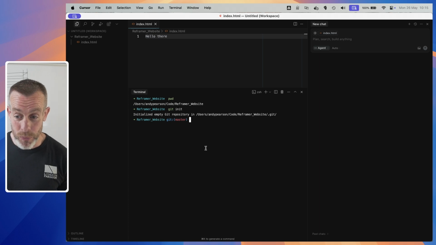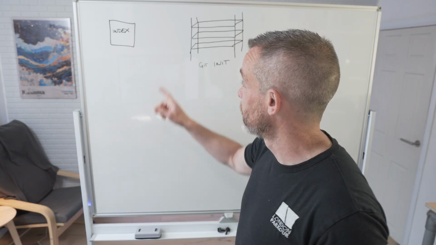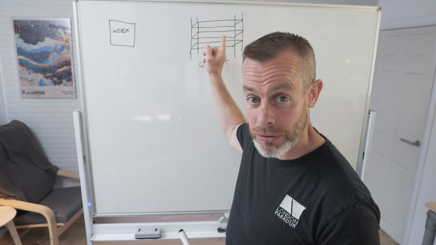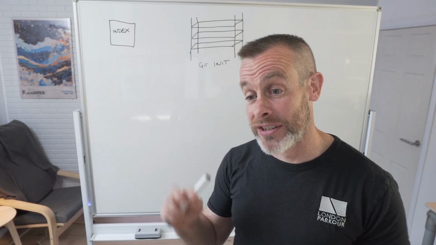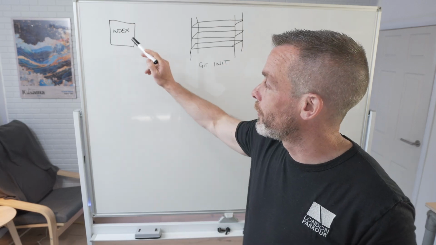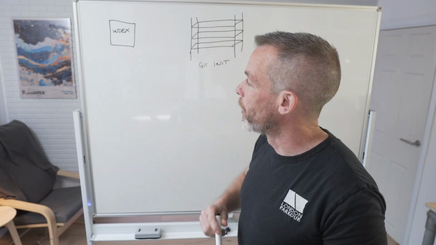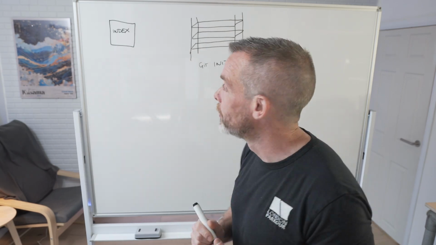Next step would be to add the file index into the Git repository on the laptop. To do that, we need to do two things. First, you don't just add the file into the repo. You have to put it in a box first, or a commit, is what we call it.